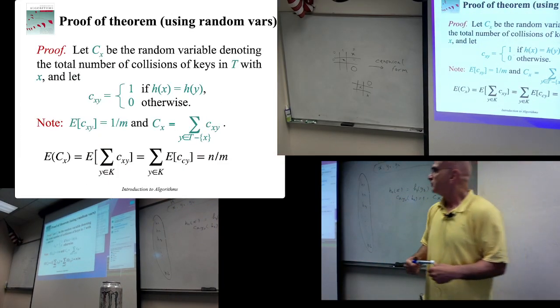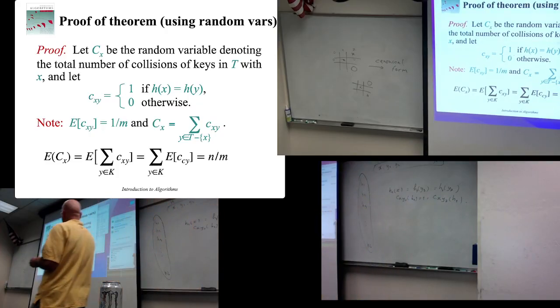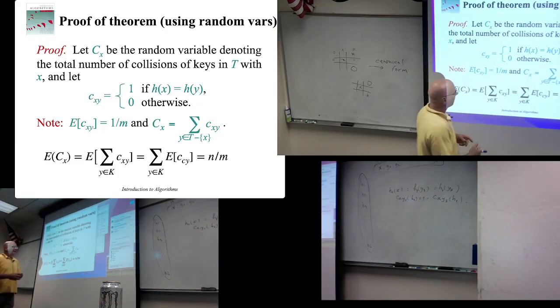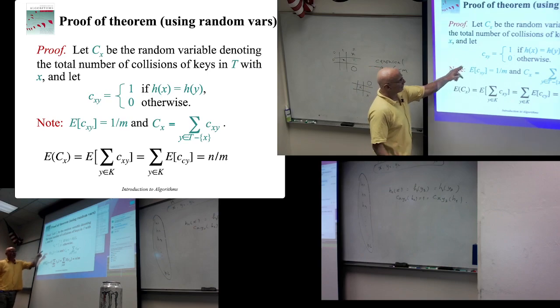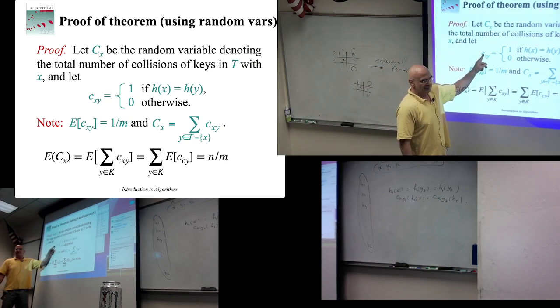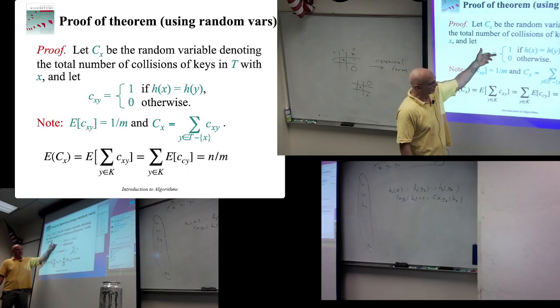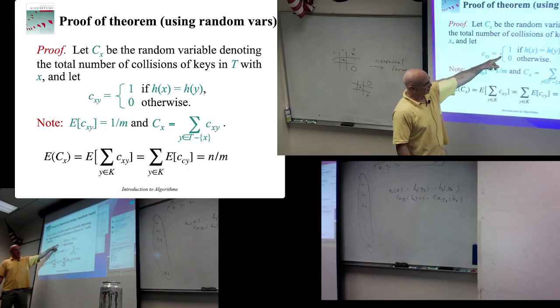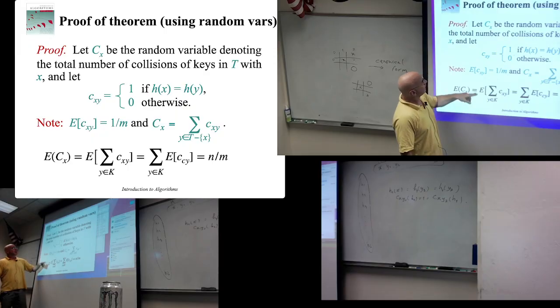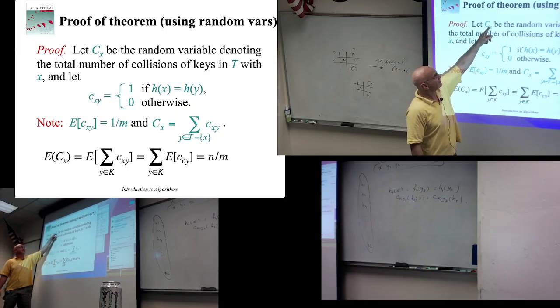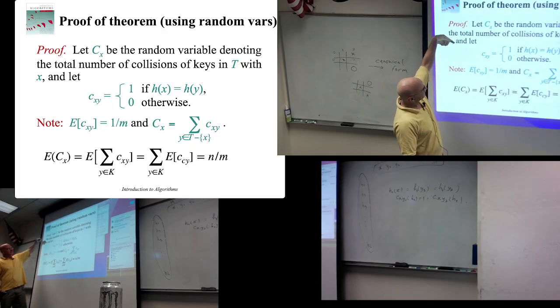Okay. If you want a proof with random variables, now C x y is a random variable, it's 0 or 1, depending on whether the hash function that I pick at random creates a collision or not. I'll also define capital C of x, that is, how many keys are colliding with x.